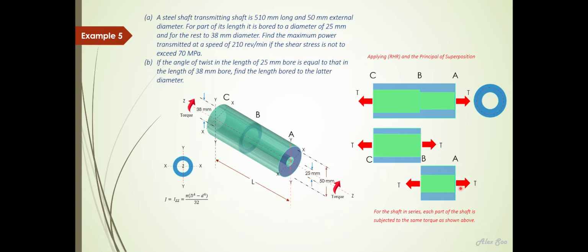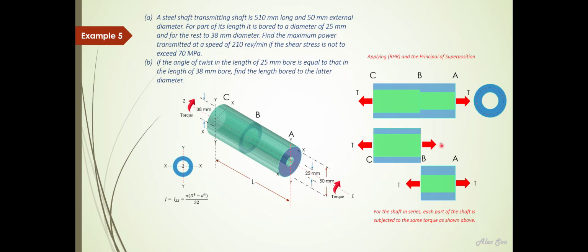Based on the principle of superposition, since at this section you have no torque transmitted, nothing is given here, the resultant at section B should actually equal 0. That is why this arrow is pointing towards the right and this arrow is pointing towards the left.